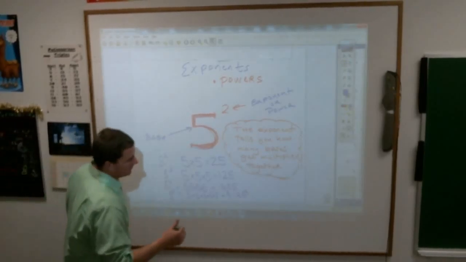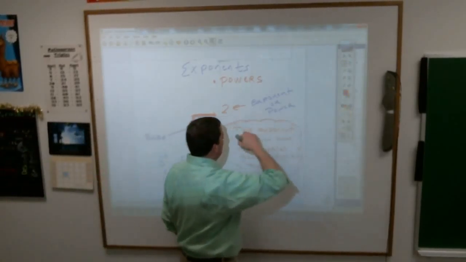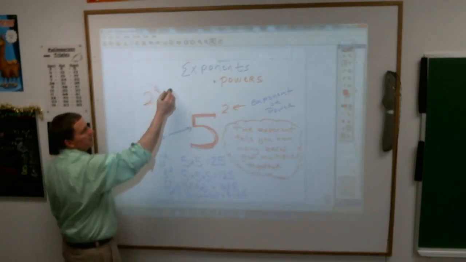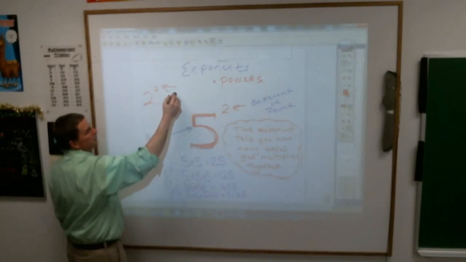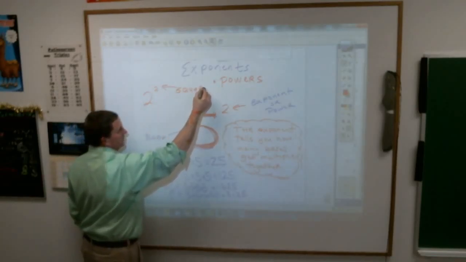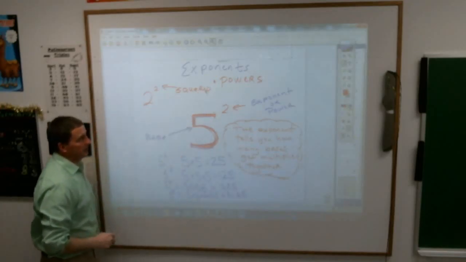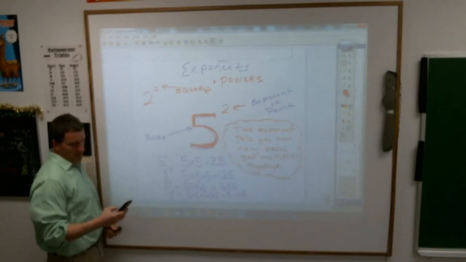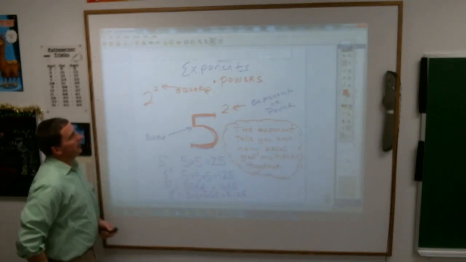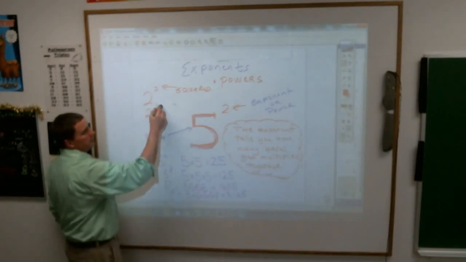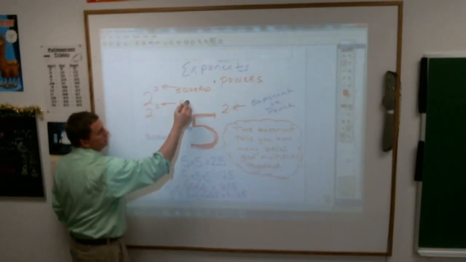Now a couple things we need to know. When you have something to the second power, we usually call it squared. We use the word squared instead of second power. It's the same thing. If it's to the third power, instead of squared, it is cubed.